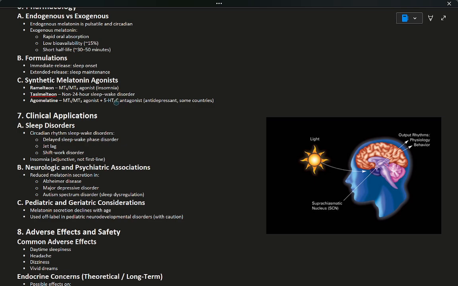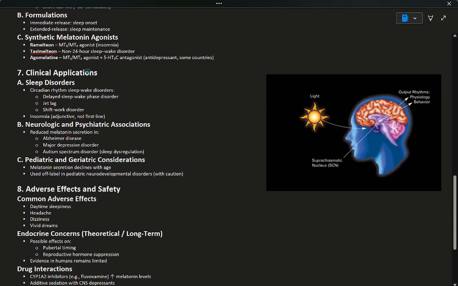And so that is why agomelatine in particular can serve as an antidepressant in some countries, or might be available in some countries, because of having an antagonistic role with 5-HT2C. So just remember that Ramelteon, Tasimelteon, and agomelatine are some synthetic melatonin agonists available out there.